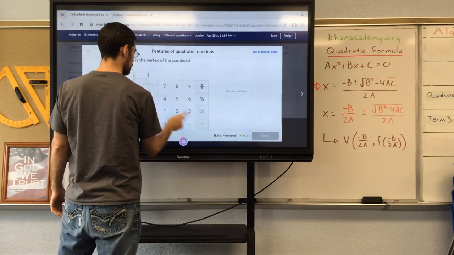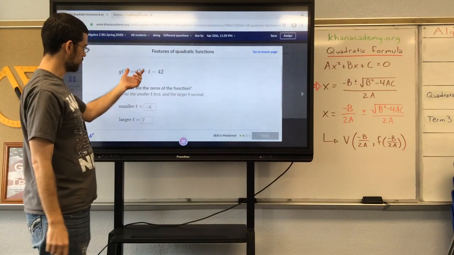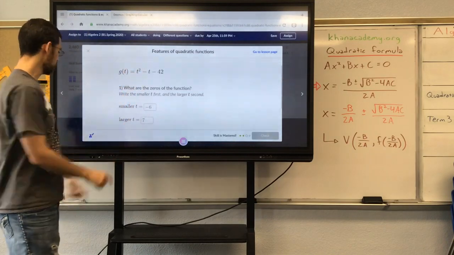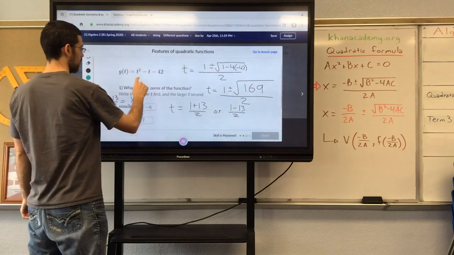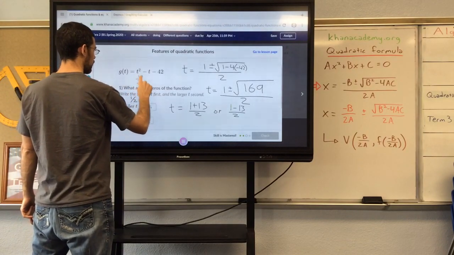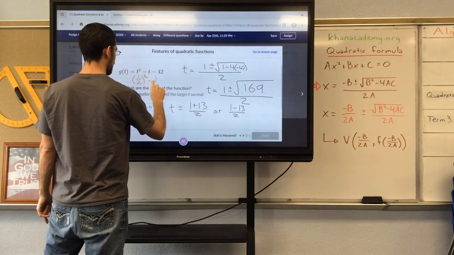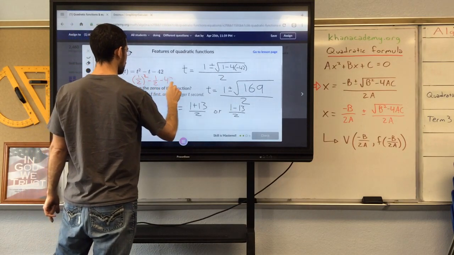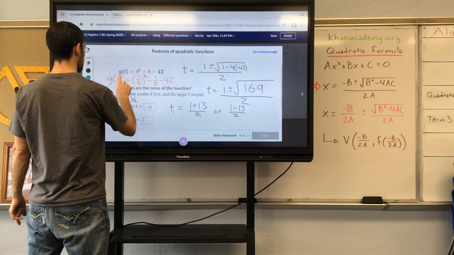And then, once we know where the x-coordinate is, where the t has to be 1 half, we can plug it into the original equation and figure out what the y value will be. So, 1/2 squared minus 1/2 minus 42 equals g of 1/2.